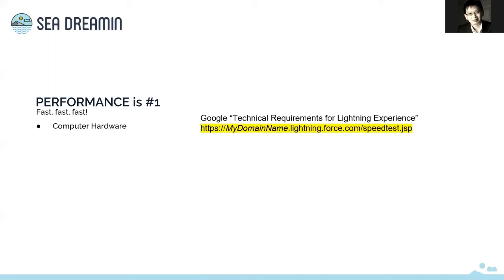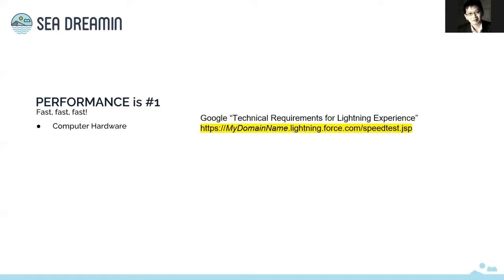But in Salesforce, there are a few factors that determine the page load. First, computer hardware. If you go to technical requirements for Lightning Experience, it will show you a page for you to speed test your computers. From here, it will show you the Octane score. Salesforce has a minimum Octane score and a recommended Octane score.